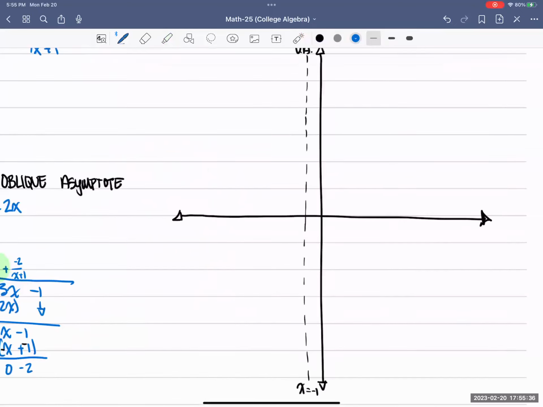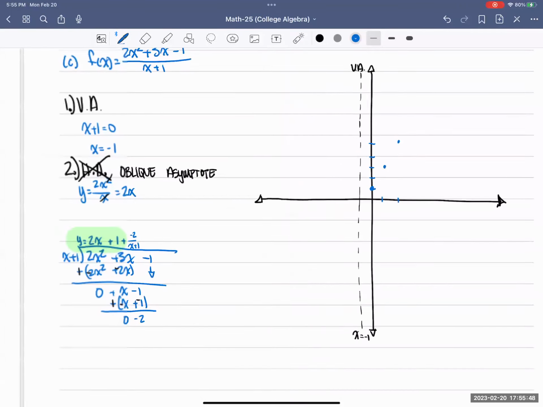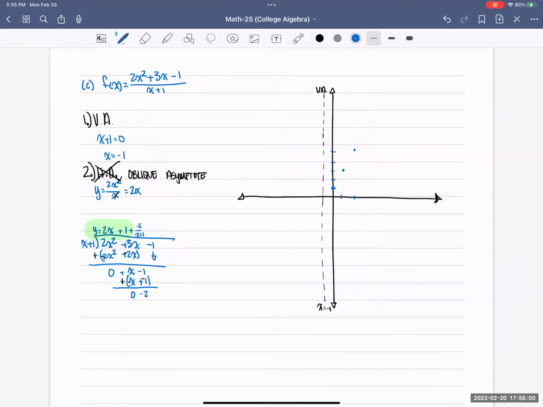And here, y-intercept of 1, going up 2 over 1. Going up 2 and over 1. That there ends up being the oblique asymptote that we need.